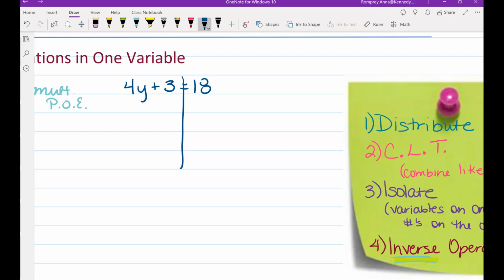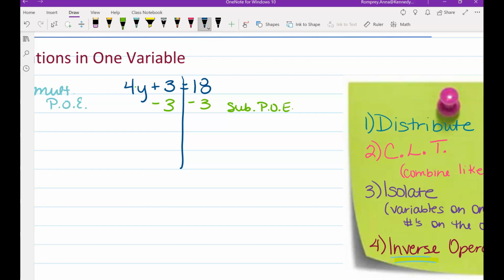So we just go to isolate. What inverse operations? So I have a plus 3 that I need to get rid of, and 4 times y, so we got to undo a multiplication and an addition. So PEMDAS in reverse, I'm going to start with addition and subtraction. So plus 3, I am going to subtract 3, so that's my subtraction property of equality.